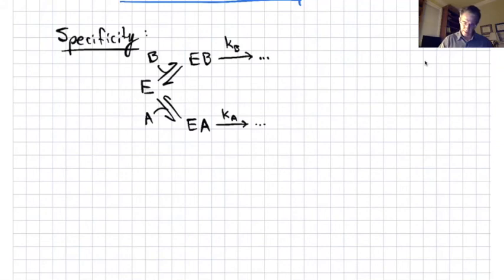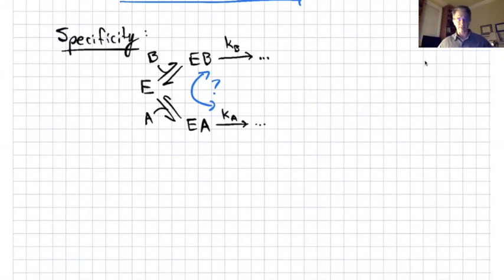And so the question is, if you had A and B present at the same time, which one wins? Which pathway dominates what the enzyme does? Which product of which substrate is mainly produced under some given set of circumstances?